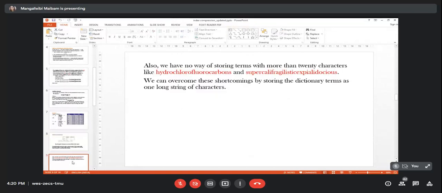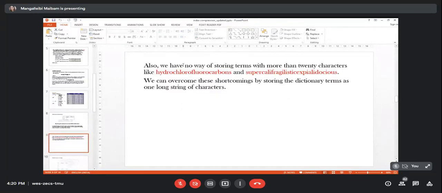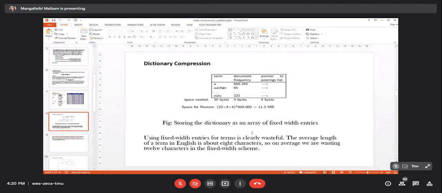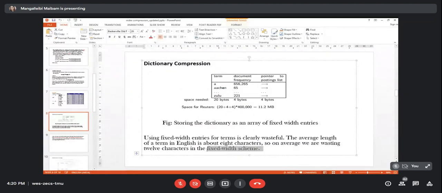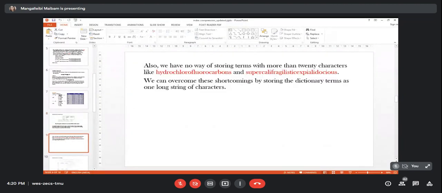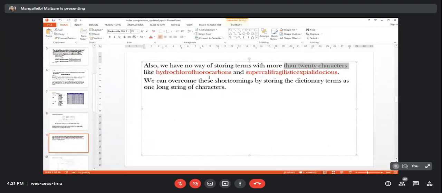Okay, so we come here. We have no way of storing terms with more than 20 characters. Also one disadvantage for this kind of storage, fixed width entry storage or fixed width scheme, is that if the word is more than 20 characters, for example, hydrochlorofluorocarbons. So this is more than 20 characters.